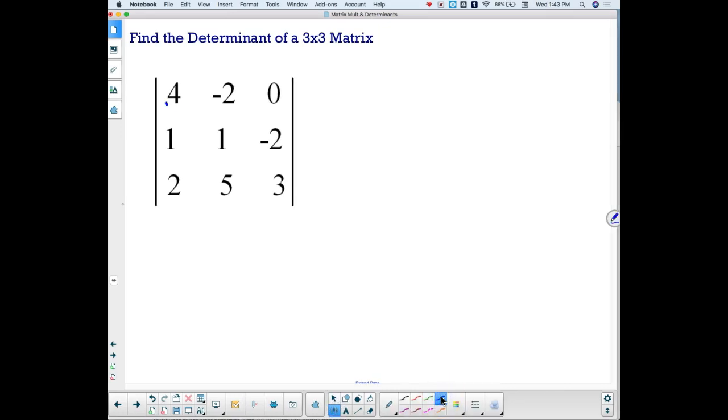so I would take this number here and I would cross out its row and its column, and I would say that this would be 4 times the determinant of what's left over. Then I would go to the next number in that row.